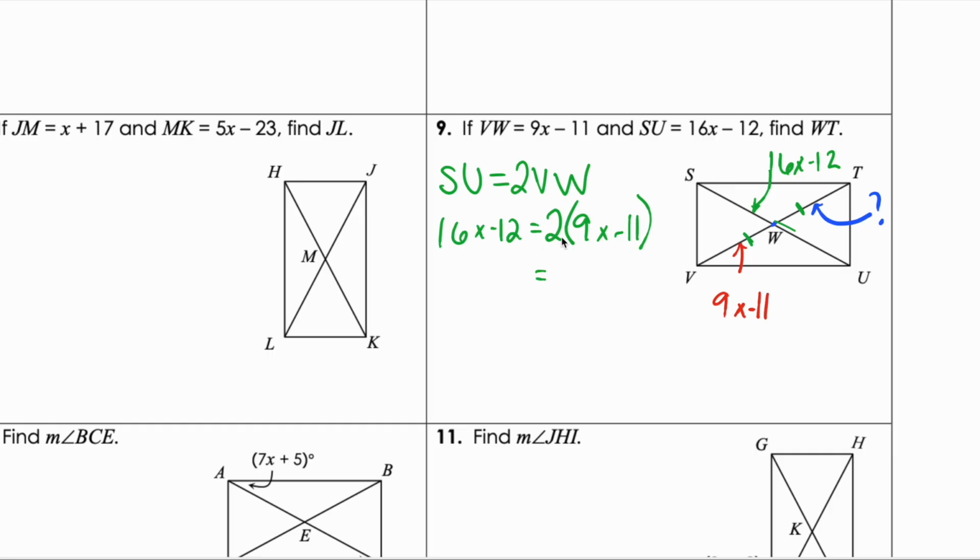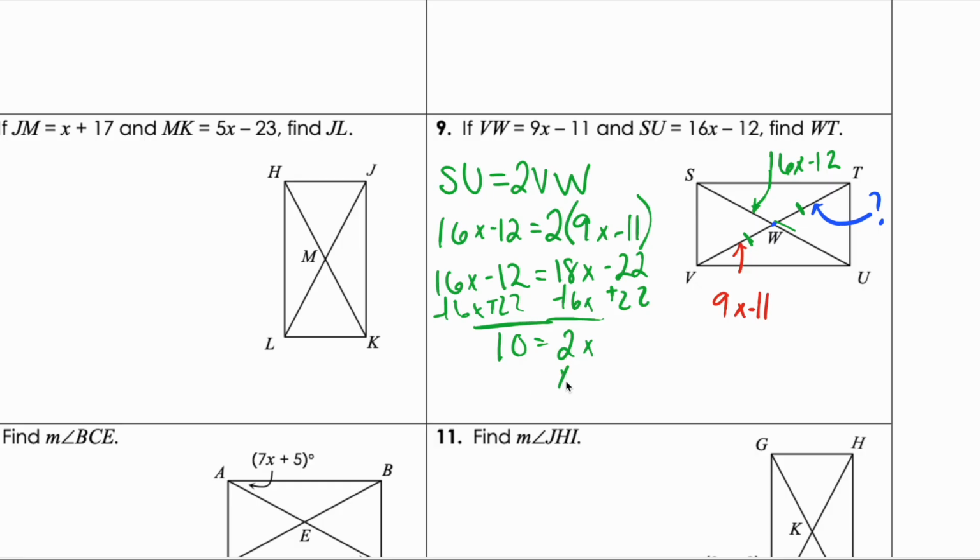I'm going to distribute my 2, which gives 18x minus 22, equals 16x minus 12. I'm going to bring my 22 to the other side, and that will give me a positive 20, and this will give me a positive 2x. Then I know that x equals 5.